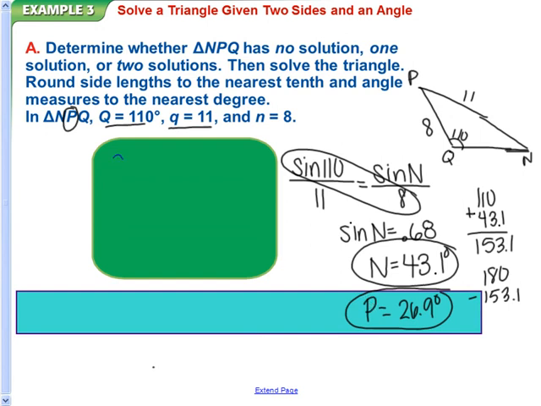So go back to the ones we know. Sine of 110 over 11 equals, we have to find lowercase p here. So sine of angle P, 26.9, over lowercase p. Cross multiply and divide.